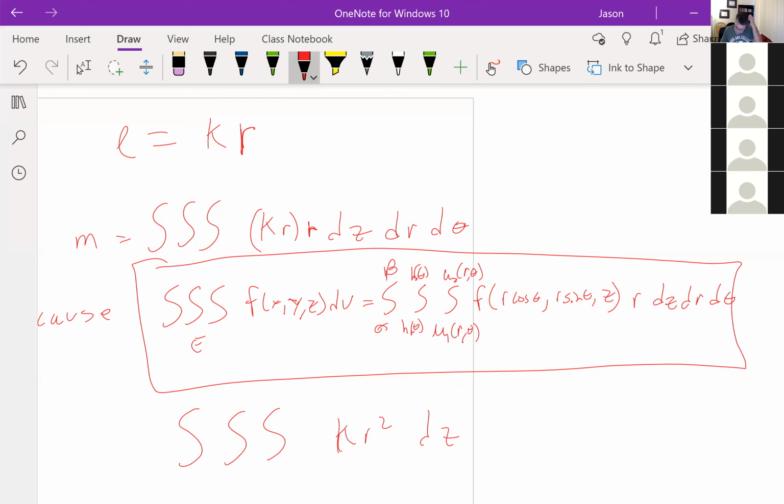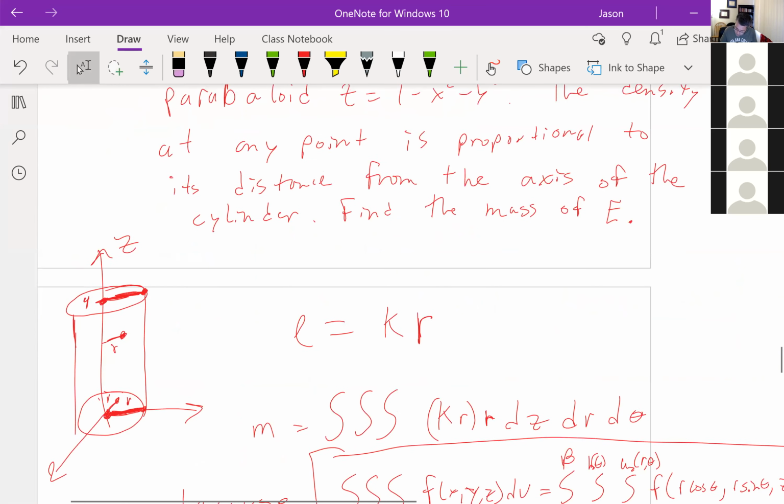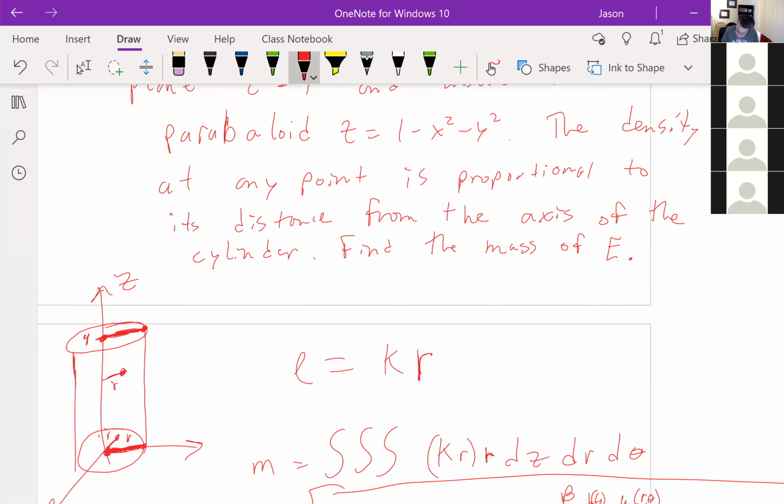Z is going to go from this guy, which is on the bottom, to 4, right? And what does this look like? Well, let me draw this a little bit better. When x is 0 and y is 0, this is going to be 1. So if this is 1, it looks like this. This is going to be the top of this dome here, this parabolic shape.